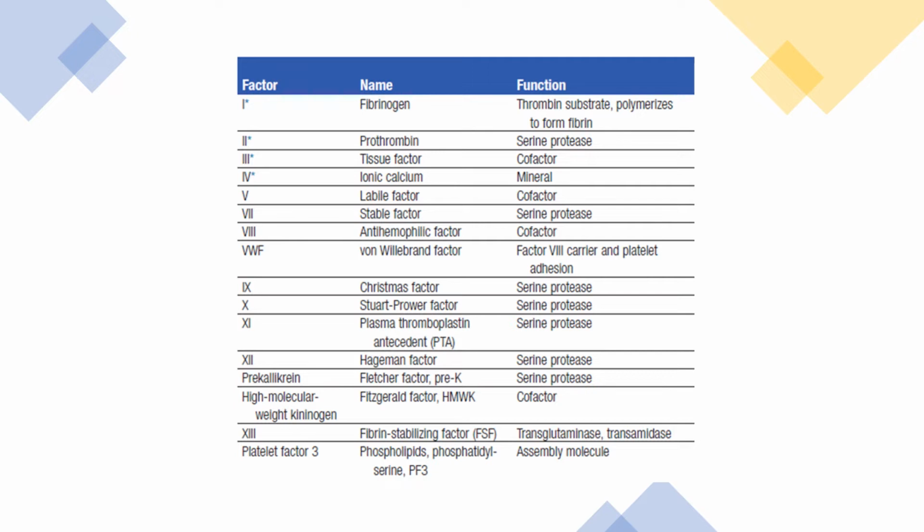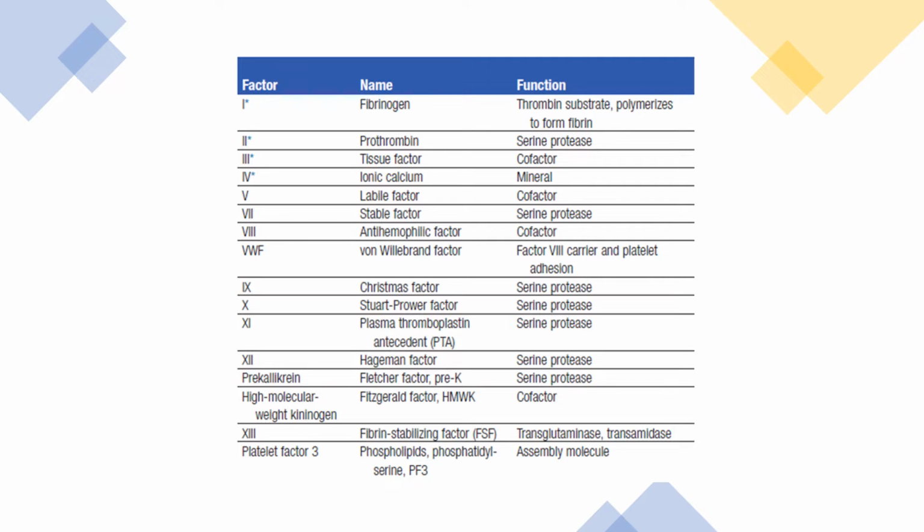And then factor number 2 is prothrombin, an enzyme. Factor 3 is tissue factor. Factor 4 is ionized calcium, the only mineral among the clotting factors. That is why the basis for many anticoagulants is the removal of calcium.